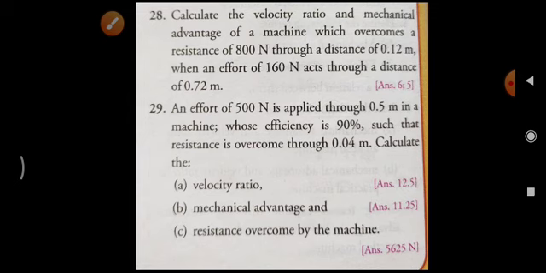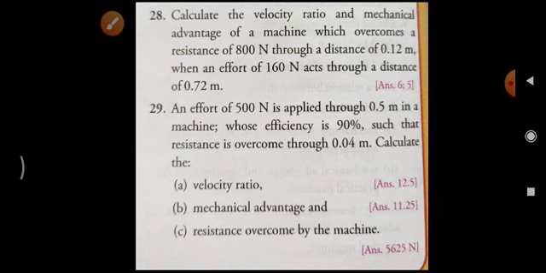So, E is given, effort is equal to 500 Newton, and dE, that is distance moved by effort, is equal to 0.5 meter, whose efficiency is also given, that is 90%. Okay, it is working at 90% efficiency, such that resistance is overcome through 0.04 meter. That means distance moved by the load is also given, but what is the load?